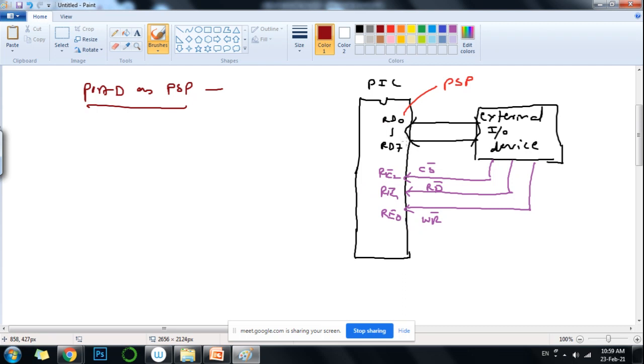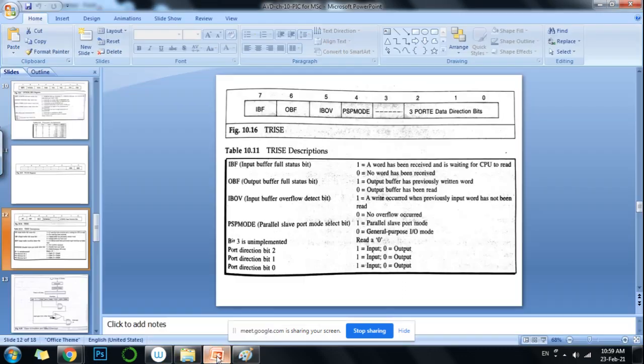For that there are some handshake bits, and they are there in the TRIS E register. Yesterday we saw some bits of the TRIS E register, you can see here. So this is the TRIS E register. The lowest 3 bits do their usual task, like the bits in a TRIS type of register.